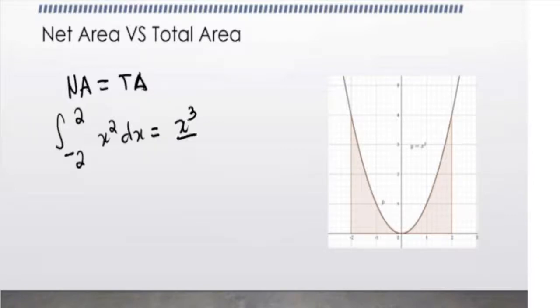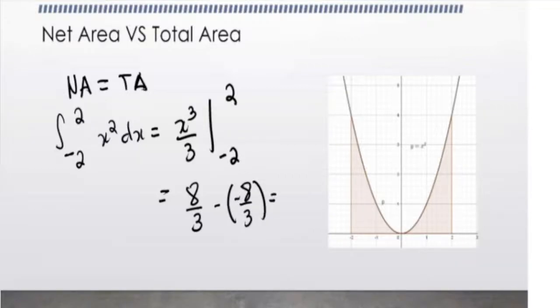So, this is x cubed over 3 evaluated from negative 2 to 2. So, 8 over 3 minus negative 8 over 3 or 16 over 3. So again, no need to make a distinction kasi it's both above the x-axis.